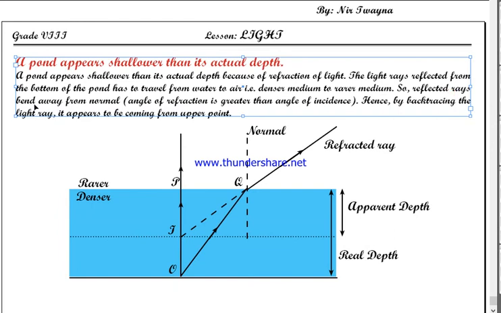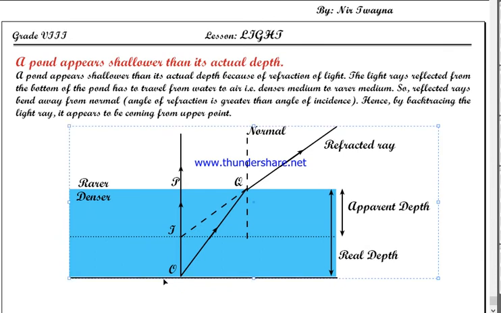So reflected rays bend away from the normal, that means the angle of refraction is greater than the angle of incidence. Hence by back tracing the light ray, it appears to be coming from an upper point. Once again the diagram is the same, only that instead of the stick we keep the bottom of the pond.